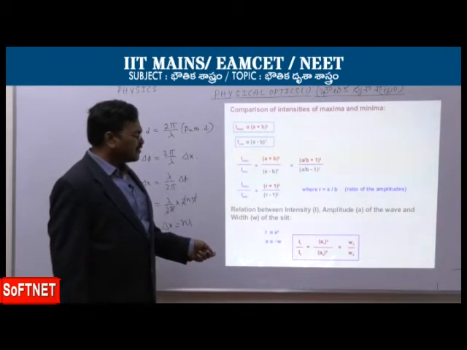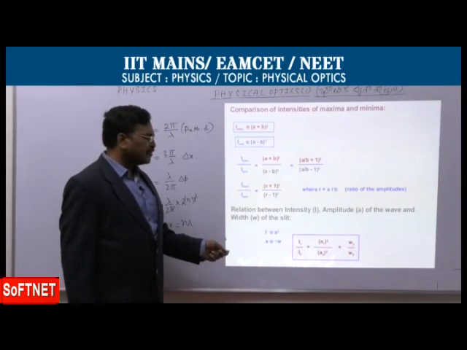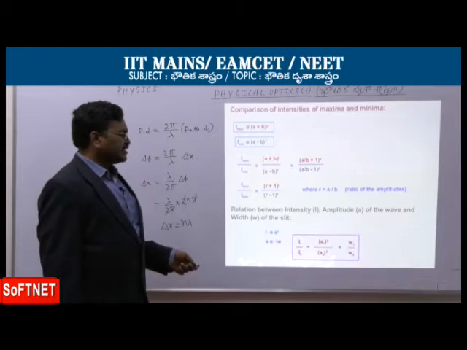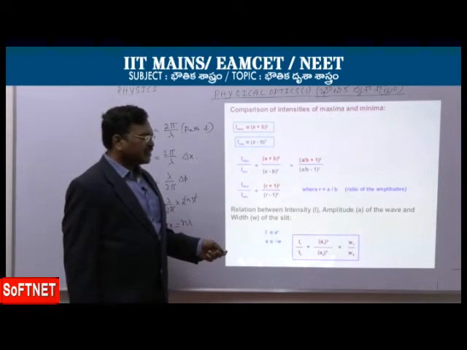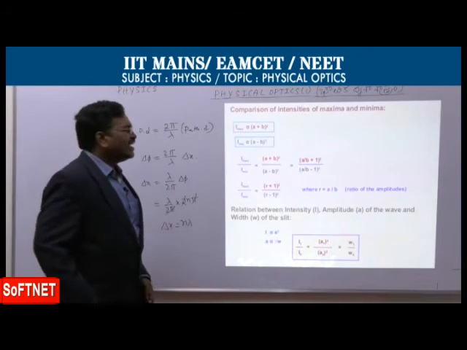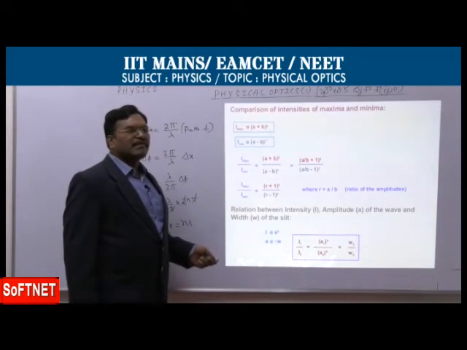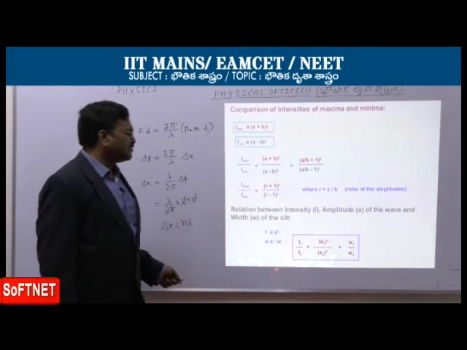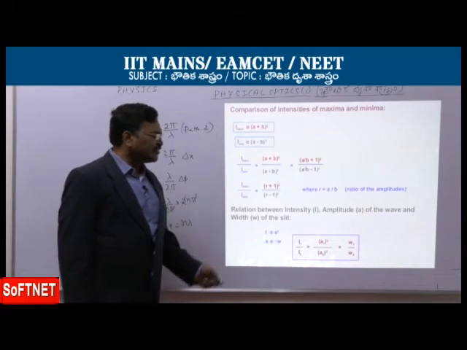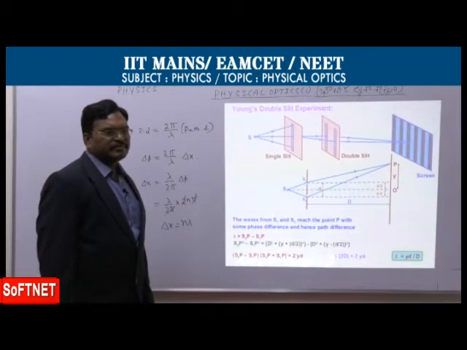But A1 square is proportional to W, where W is the width of the slit. That's why I1 by I2 is equal to W1 by W2 or (A1 by A2) whole square. Anyhow, intensity is proportional to the square of amplitude. That is the relation between intensity, amplitude and width of the slit.